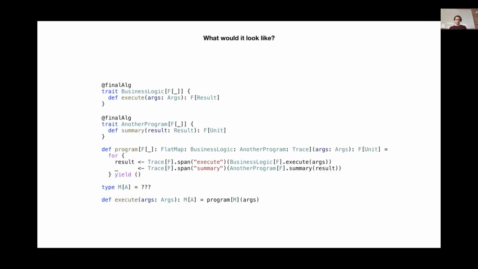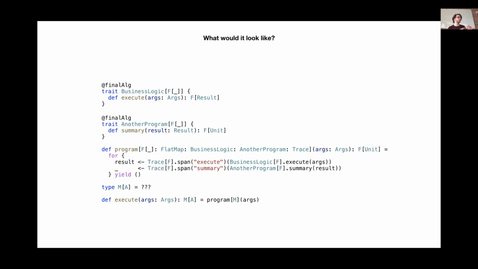So what would it look like? If you write something like tagless final, you will have programs that take a bunch of constraints on you, in fact. So one of these could be a trace constraint. And using that constraint, you would be able to maybe wrap a block of code, an F of A, and name it, and that would be a new span in the current span. And ideally, you wouldn't even see the current span because you wouldn't need to.